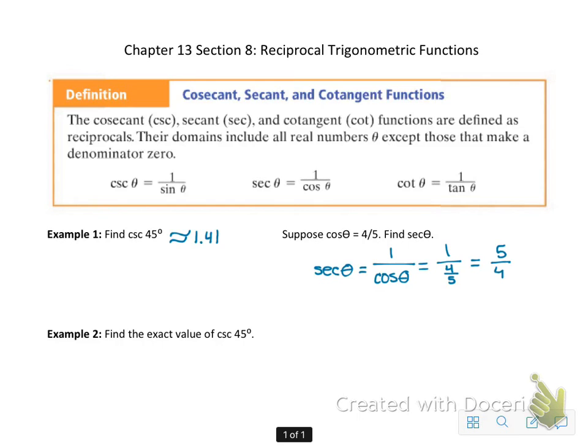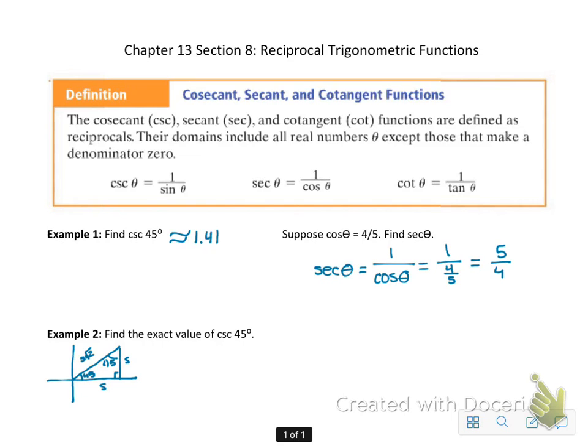Now, the hardest thing might be something like example 2, where it says to find the exact value. When we're finding the exact value, that's when we use those reference angles and special angled triangles. So let's draw this. Well, 45 degrees is here-ish. There's your 90. That's 45, which means that's 45, which means the hypotenuse is S root 2, and the sides are S. So once we can get one of them, we can get the rest.